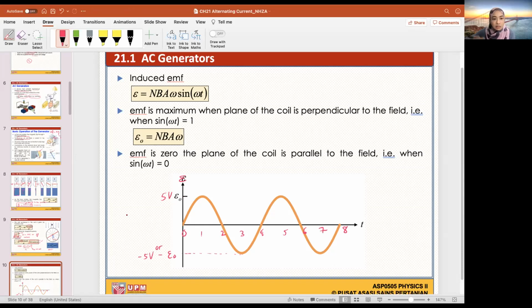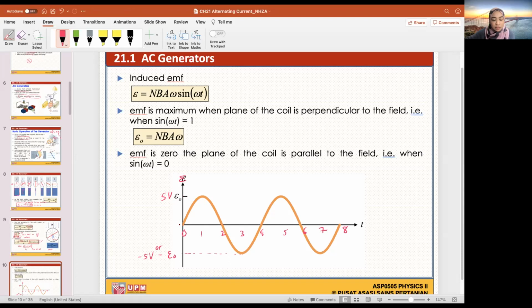Or if I say this in parameters, my induced EMF can go up to EMF naught and can go as low as minus EMF naught. It doesn't matter what the value of EMF naught is over time.